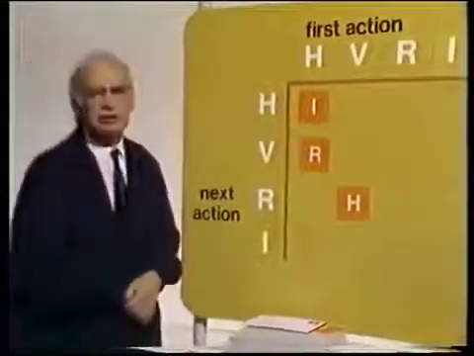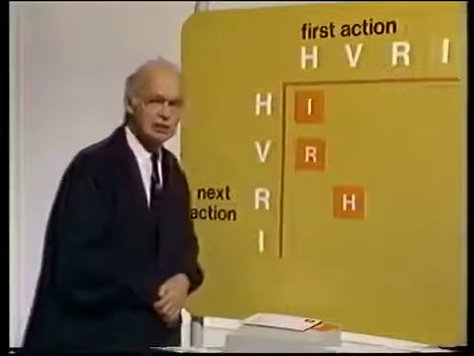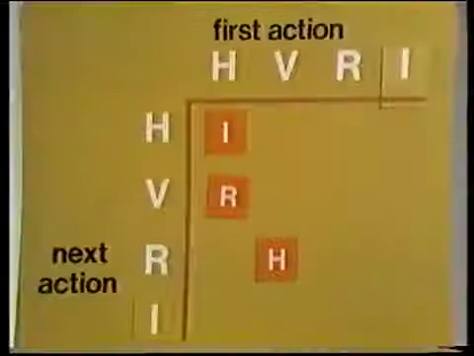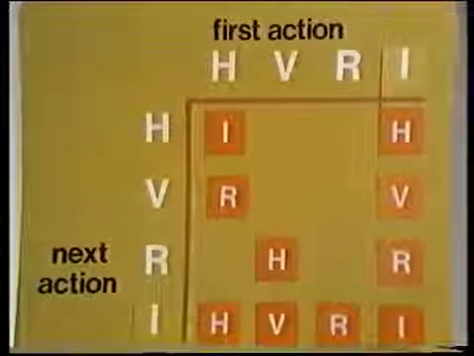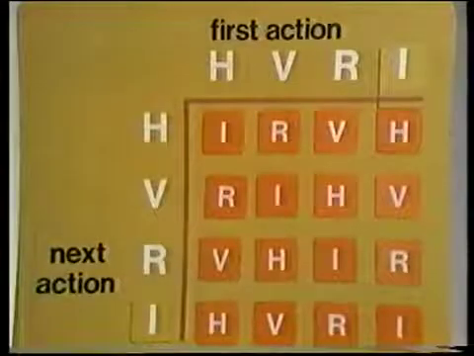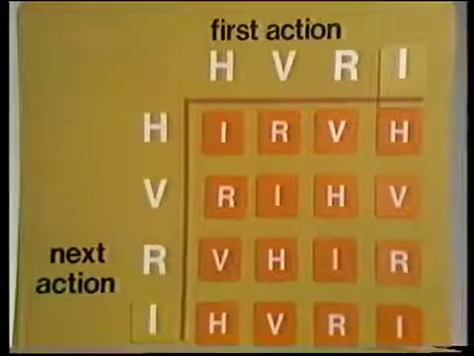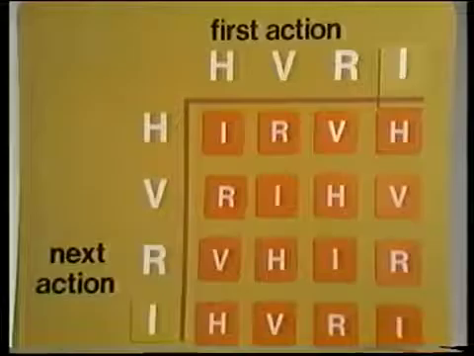Now it's easy to see what the entries in the I column and the I row are going to be. They'll have to be the same as the headings. There's no need to do all the rest of it. Let's magic it in. So now we have a complete closed table showing the result of combining any two actions. And perhaps Alan can use this to improve the design of our machine.